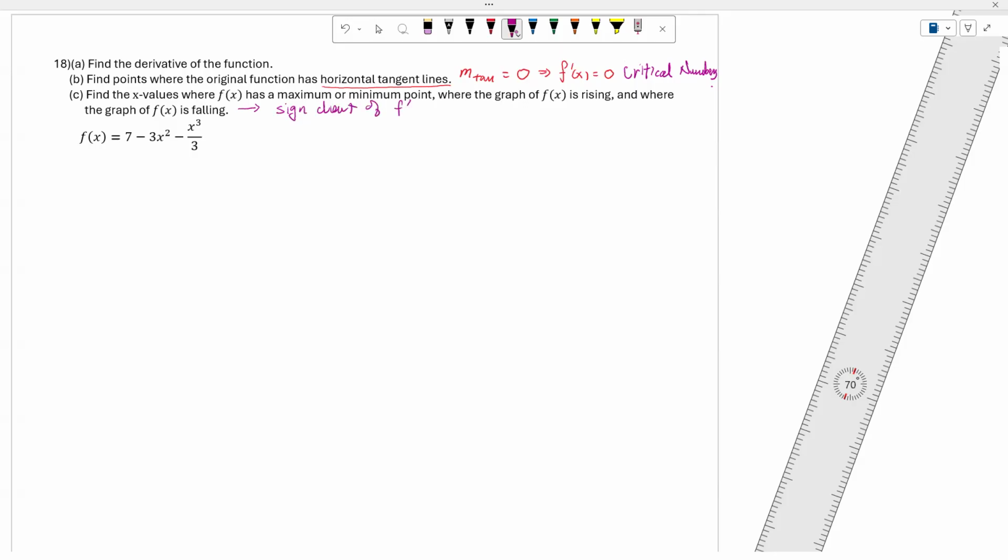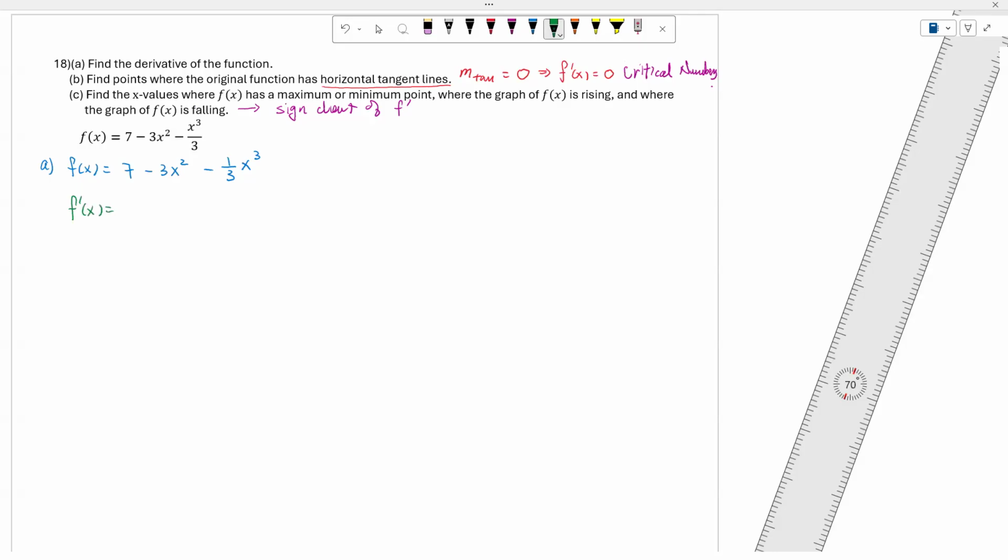Okay, so let's see how we actually work out this problem. Of course, first I would like to find the derivative. So I'm going to rewrite f of x equal to 7 minus 3x squared minus 1 over 3 times x to the power 3.